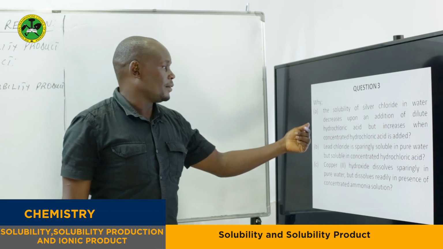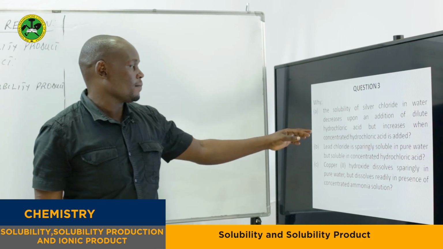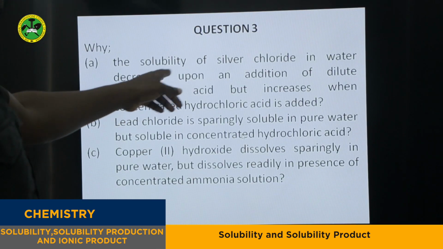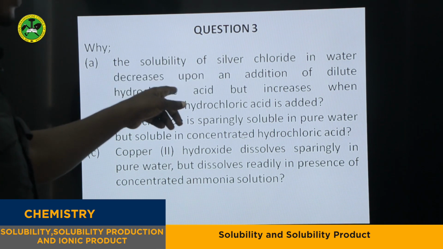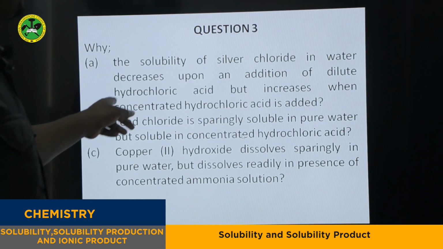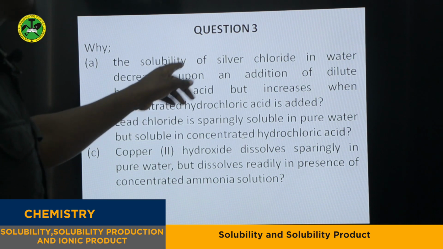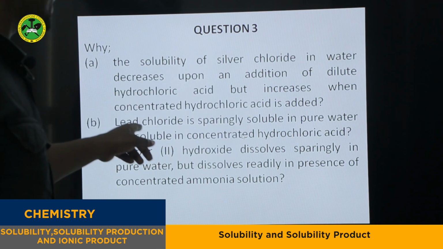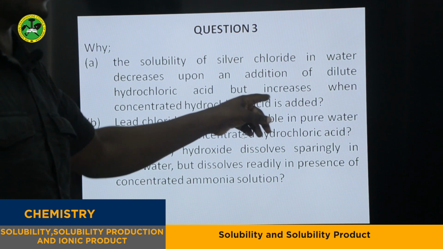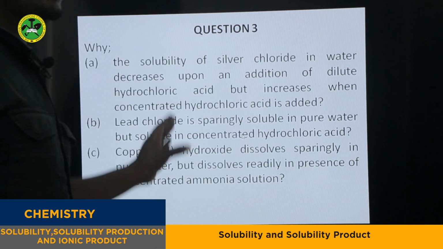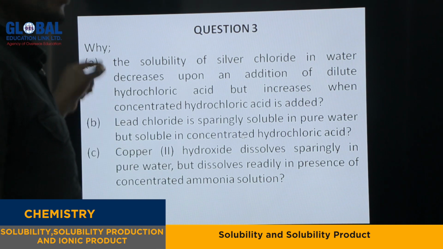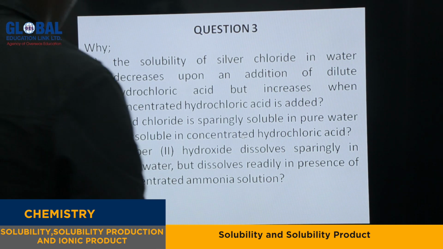So here the question is: A, why does the solubility of silver chloride in water decrease upon addition of dilute hydrochloric acid, but increase when concentrated hydrochloric acid is added? So this is chemistry, so you have to show it and verify it by using equations.